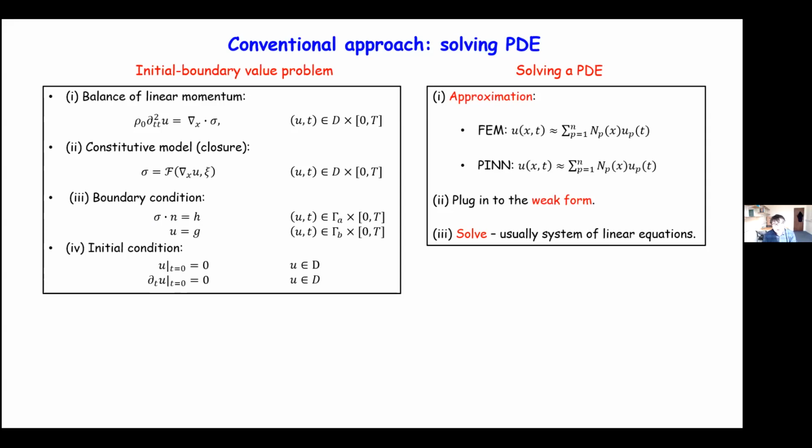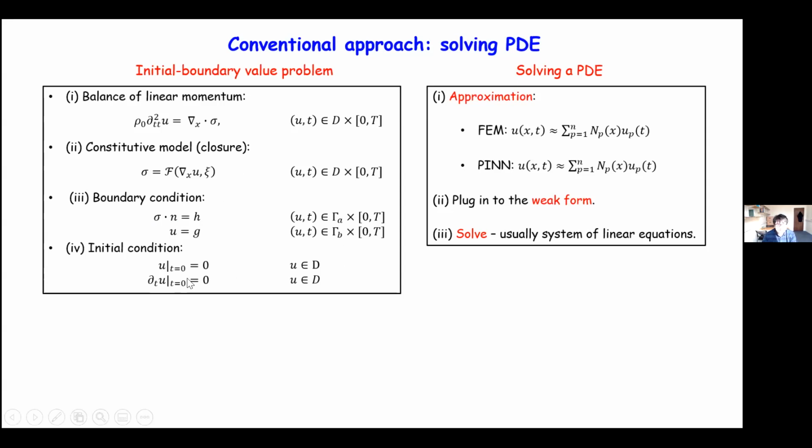We're of course very familiar with how to solve a PDE. We have known this since the finite element method, 60, 70 years ago, right? So what is the classical or conventional approach to solving a PDE? Suppose we were given an initial boundary value problem.